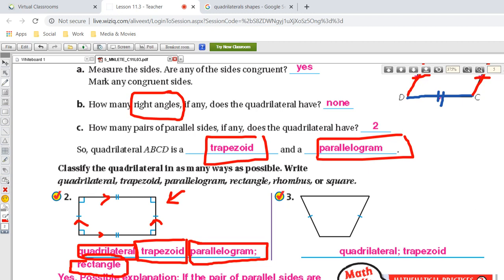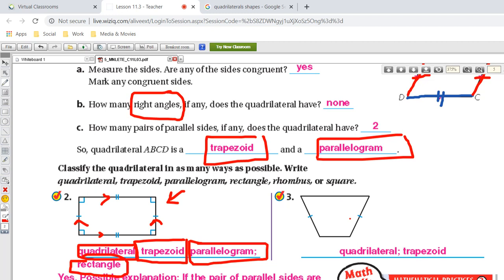The second one, all the shapes are parallelogram, because each two opposite sides are parallel here. Then we see if we have a right angle, so we write rectangle. If all sides are congruent, equal in length, we write rhombus.